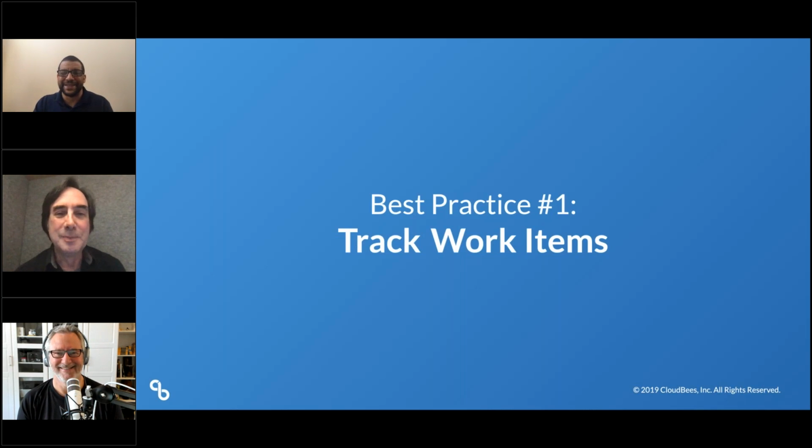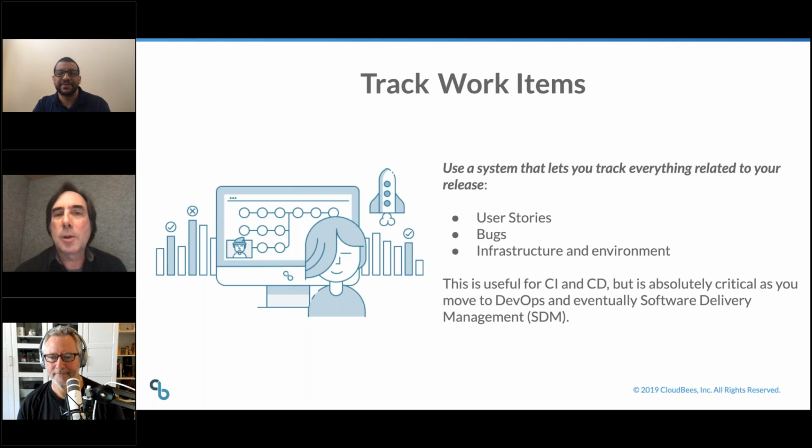So thank you, Brian. So let's go through our best practices, the highlights of them at any rate. The first one, not controversial, is that you should track your work items, and that covers everything that's user stories, requests for enhancements, bug reports. Also, you should keep in mind definitions of your infrastructure and environments.